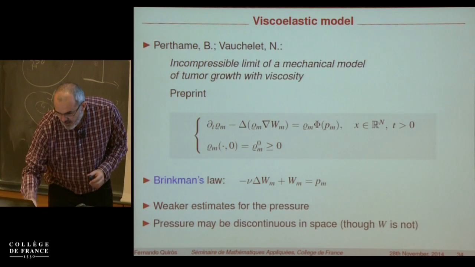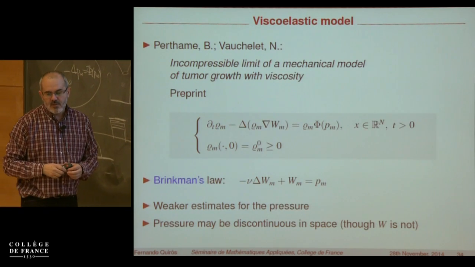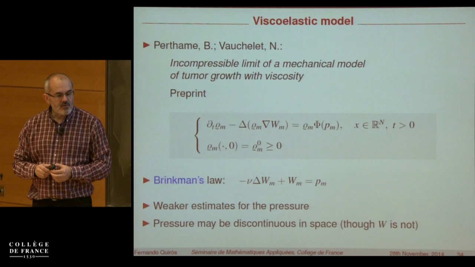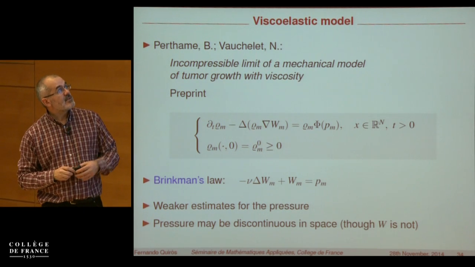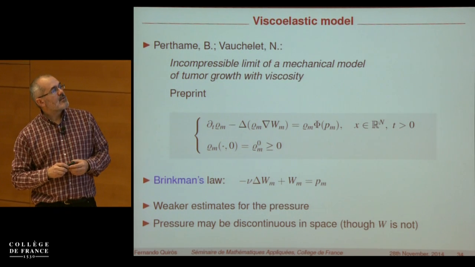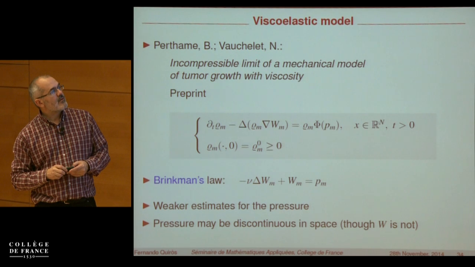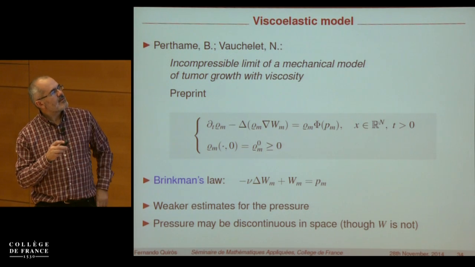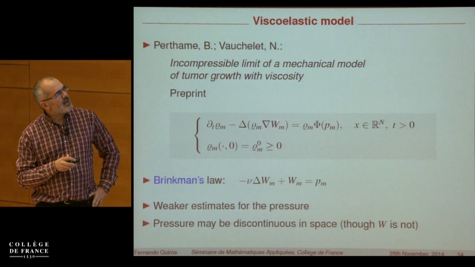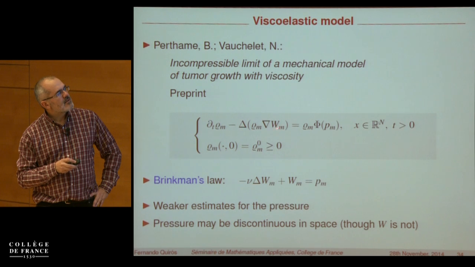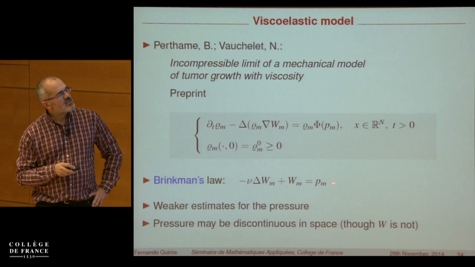Let me just talk about a paper by Benoît Perthame and Nicolas Bochelet, a preprint which has just appeared on arXiv. Here, the difference with the previous models is that you again have a potential for the velocity, but this potential is not the pressure anymore.